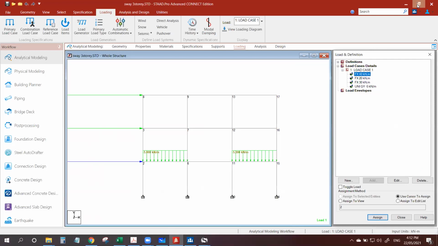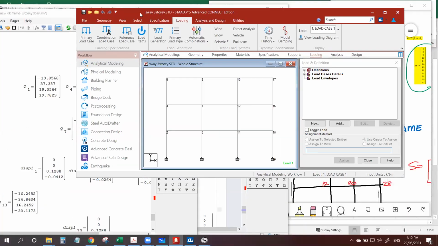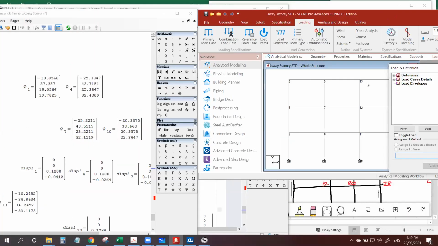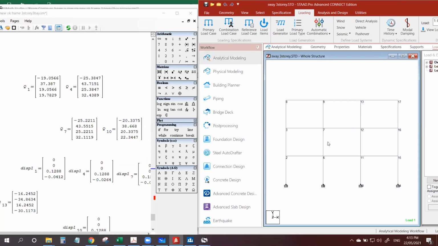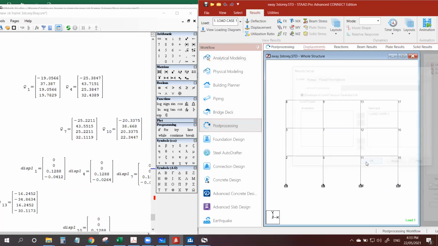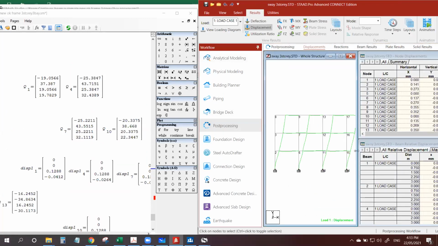Open the STAAD, post-processing, and then, yan.